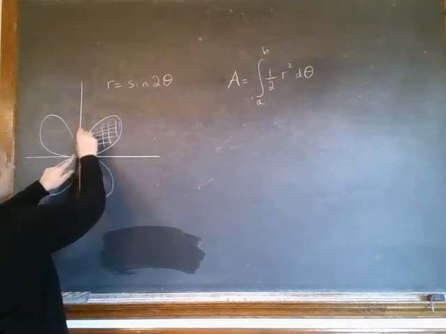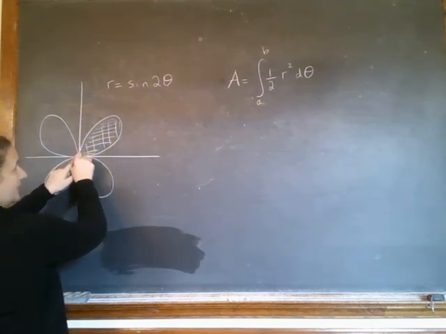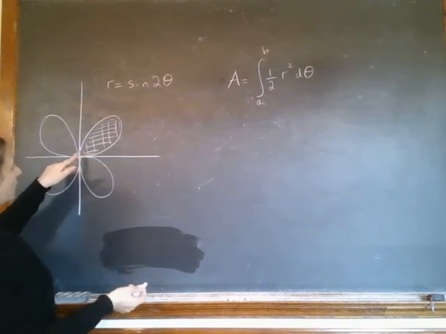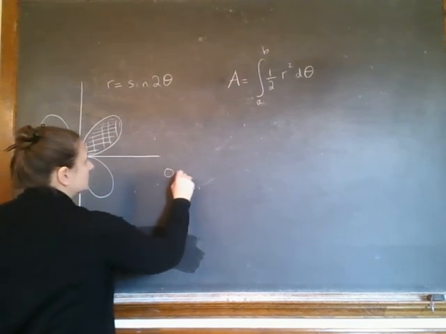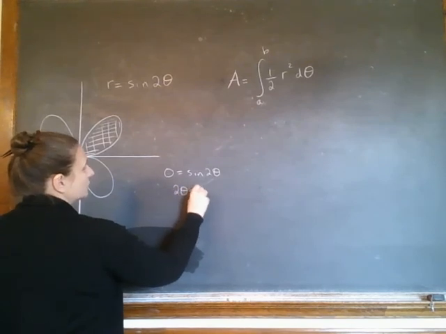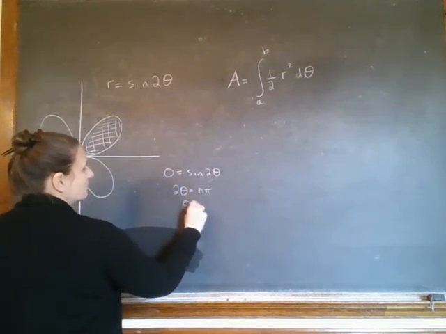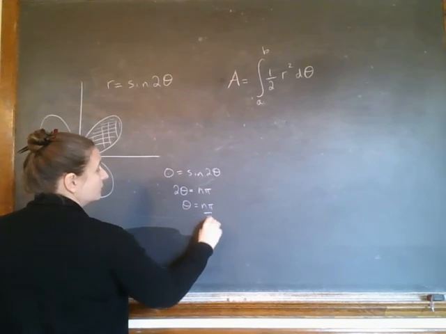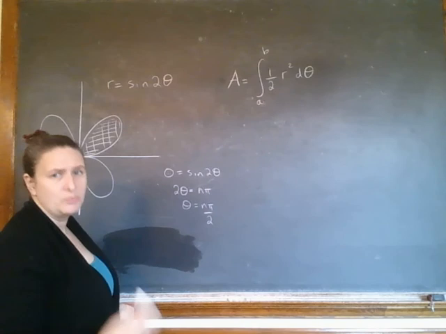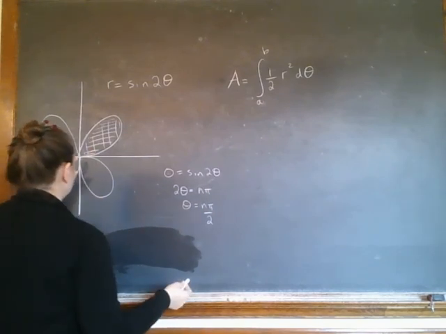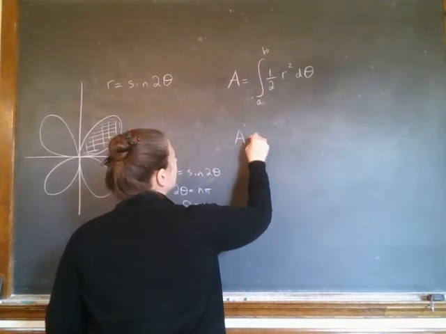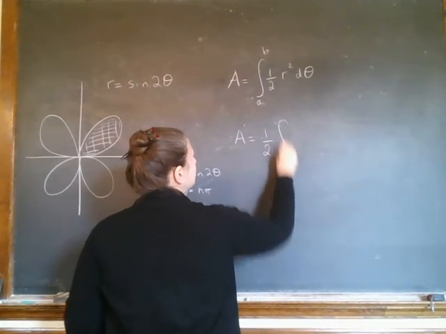And then at theta equals pi over 2, I came back here. In other words, if I want to solve for when I'm hitting the origin, I'm going to go 0 equals sine 2 theta, right? 2 theta is going to be n pi. So theta is n pi over 2. And I'm going to start from 0, pi, 0, 1, 2, 3. So that's going to give me theta equals 0, and theta equals pi over 2, I'm sorry. So this is not too bad.